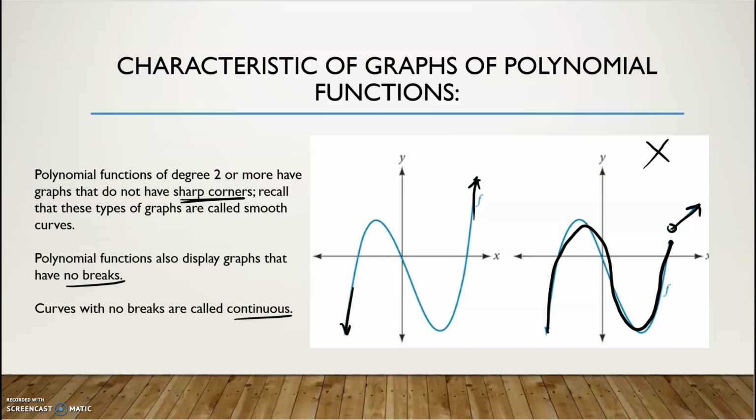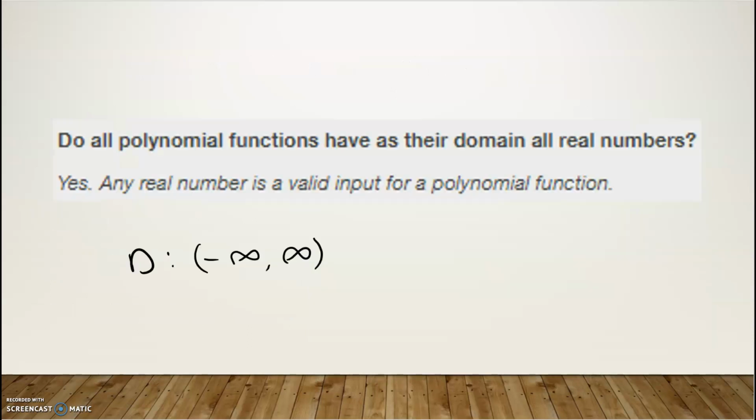As it's going down, it increases in the negative x values. That just keeps on going forever. As the function is going up, it keeps increasing in the positive x direction. So it goes out to negative infinity and to positive infinity. So the domain would be from negative infinity to positive infinity for polynomial functions.